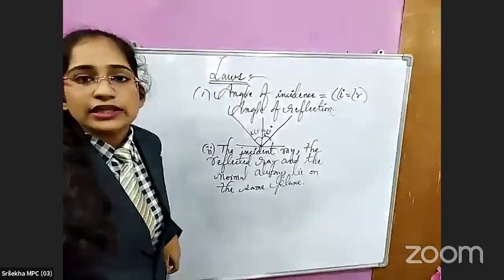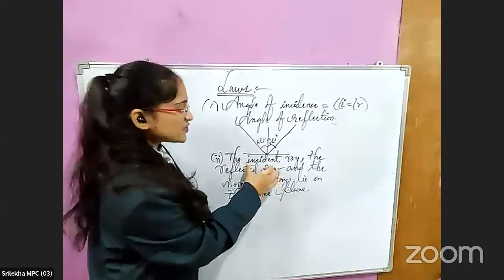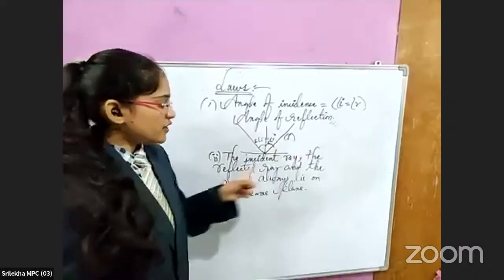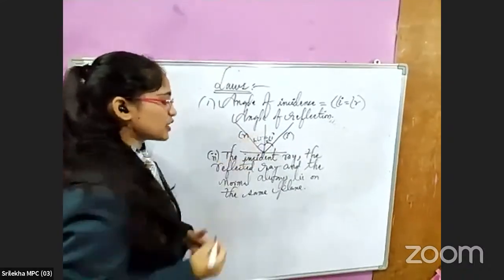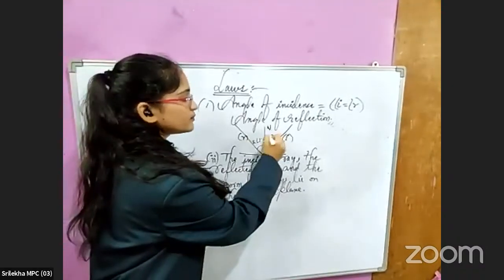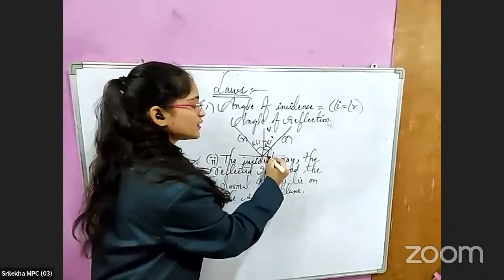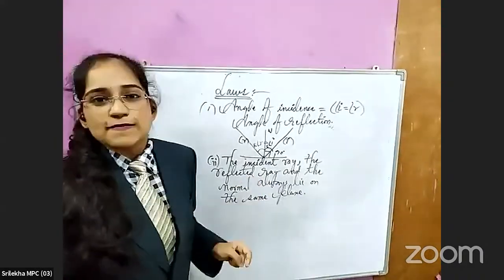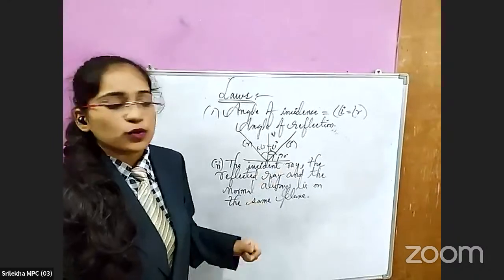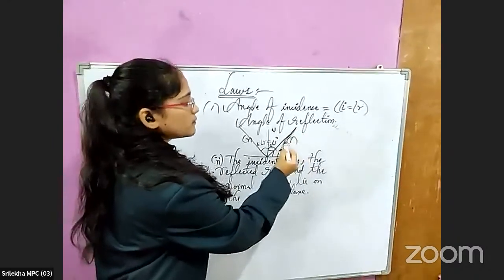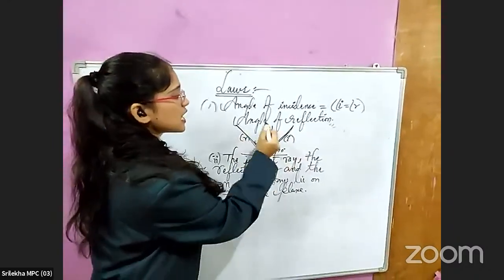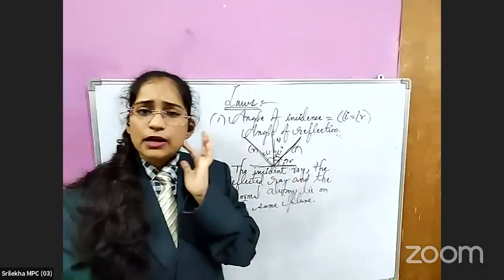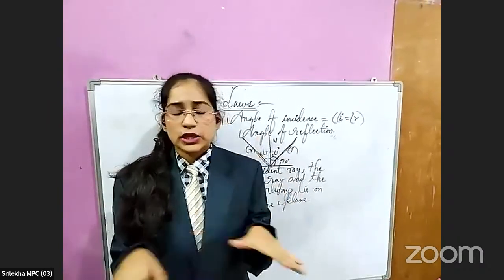Is it clear? Let me tell you again. The incident ray, the reflected ray, and the normal, which makes 90 degrees, always lie on the same plane. Yes, this is the second law of reflection. Okay, this is something about reflection of light in a detailed way.